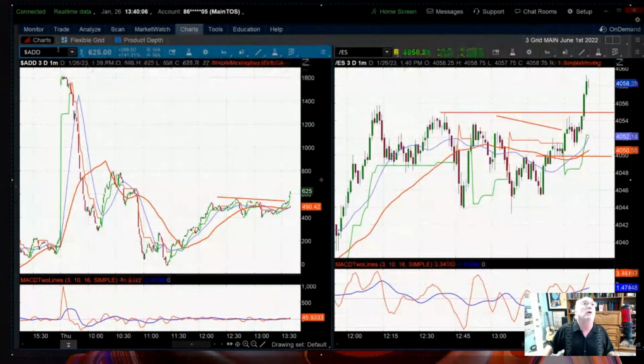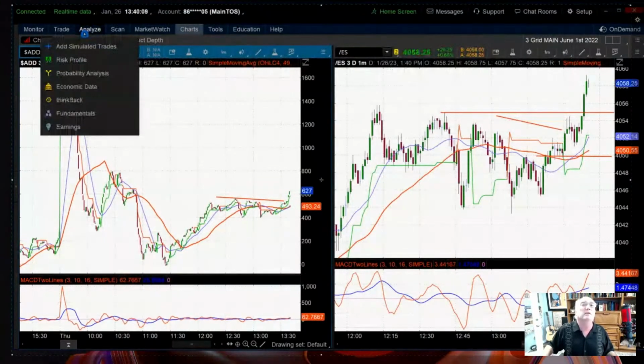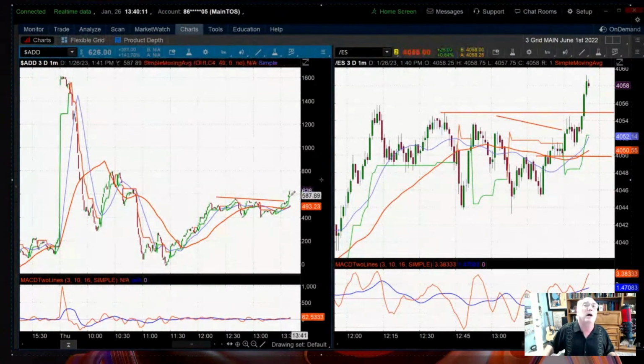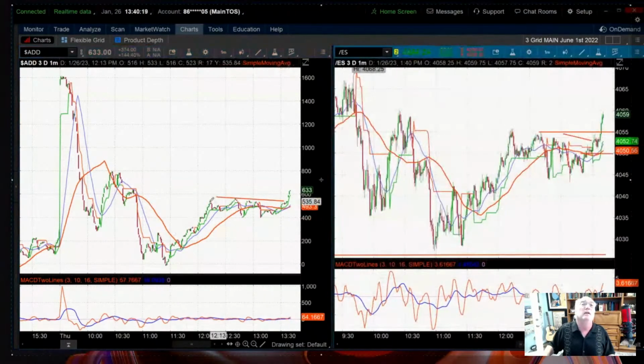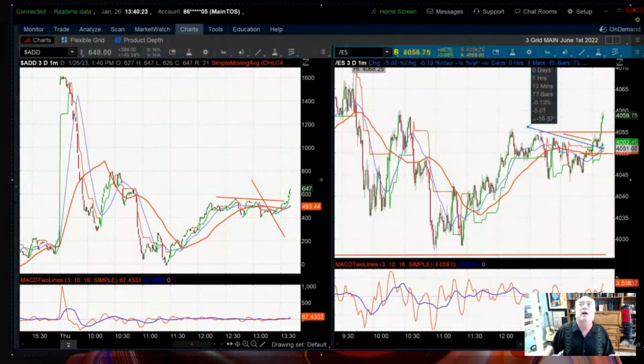Hey, here you go. We were just talking about this. Look at the advance decline pop up before this did. So to answer your question, it looks okay. Now, if this had plummeted, I wouldn't believe this. But if this is right, you're talking about this going up another 10 points.